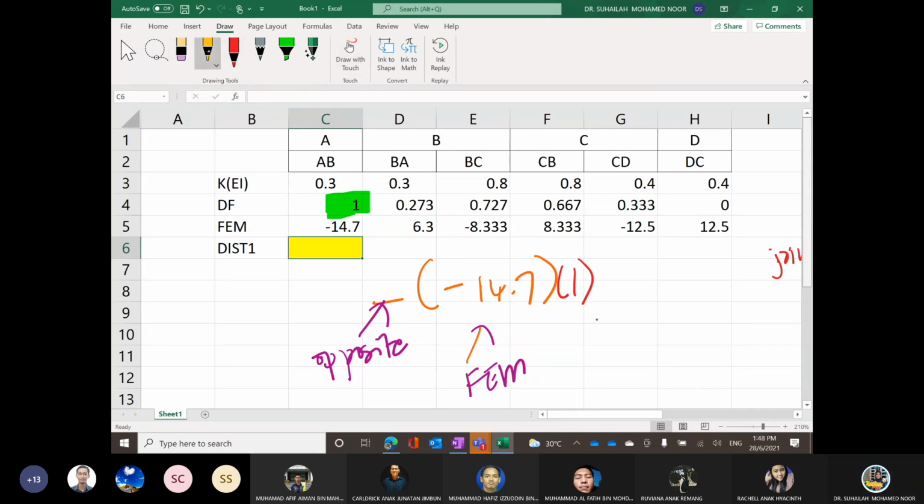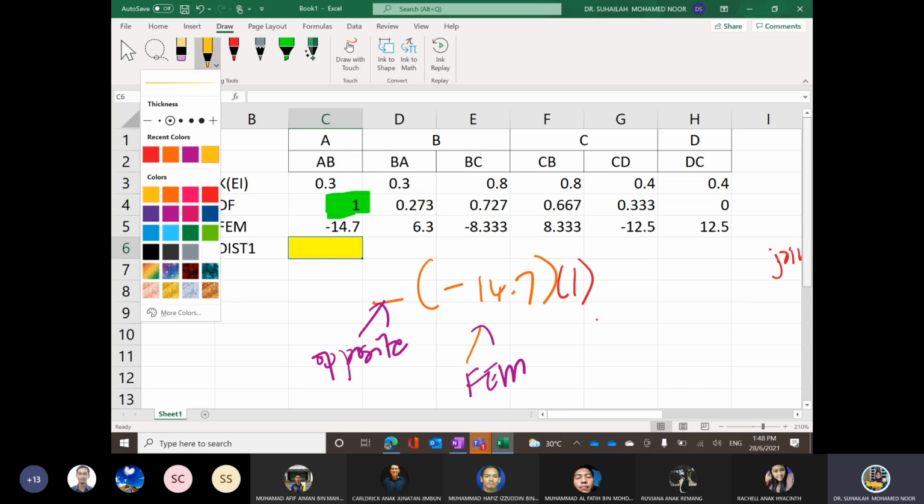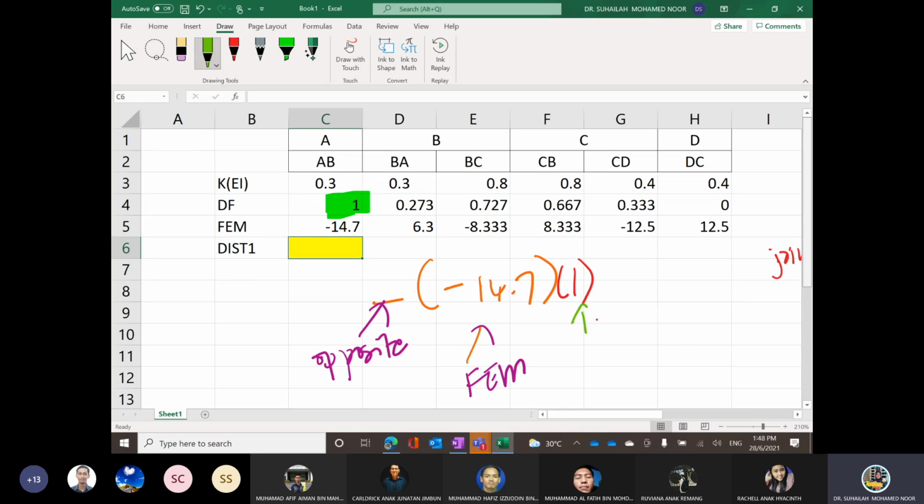This one is the distribution factor. This is the process whenever we distribute moment. We put negative to represent the opposite condition, which means the moment at the joint is opposite with the member end moment. So the fixed end moment negative 14.7 times the distribution factor. For AB, the value is 1.